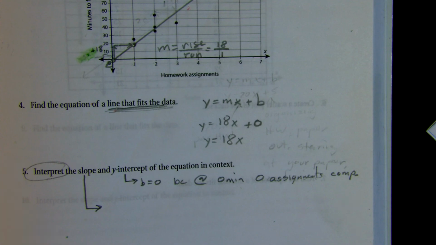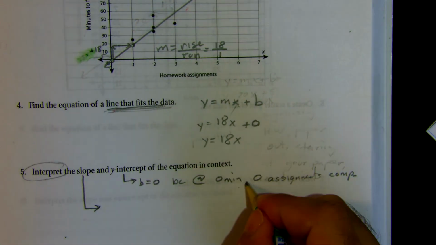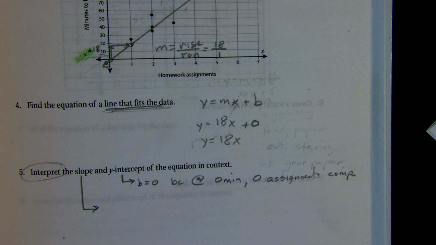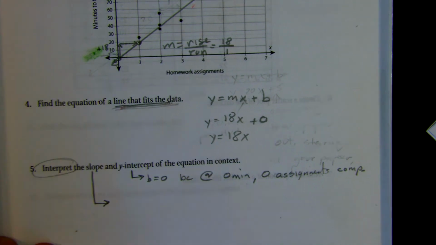You see, that's interpretation. B is equal to 0 because at 0 minutes, 0 assignments completed. I haven't done anything. I haven't even gotten out my books. At 0, it makes sense because there's no assignments done. Yeah, that's exactly what I put. Well, not exactly, but your interpretation, the words you use, the number of words is going to be different than mine. And what you wrote in the chat is perfect.